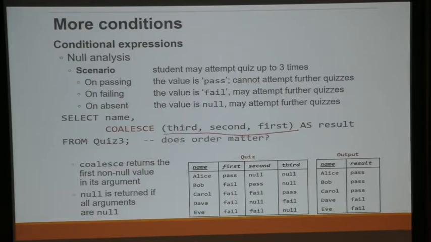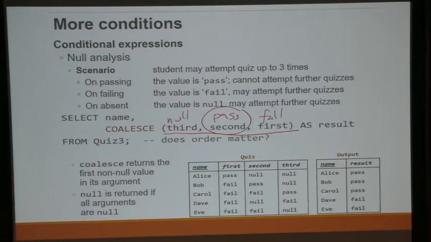Based on this series of arguments, you take the first value that is not null. If you have this one as null, this one as a pass, and this one as fail, then you take this one. Okay?